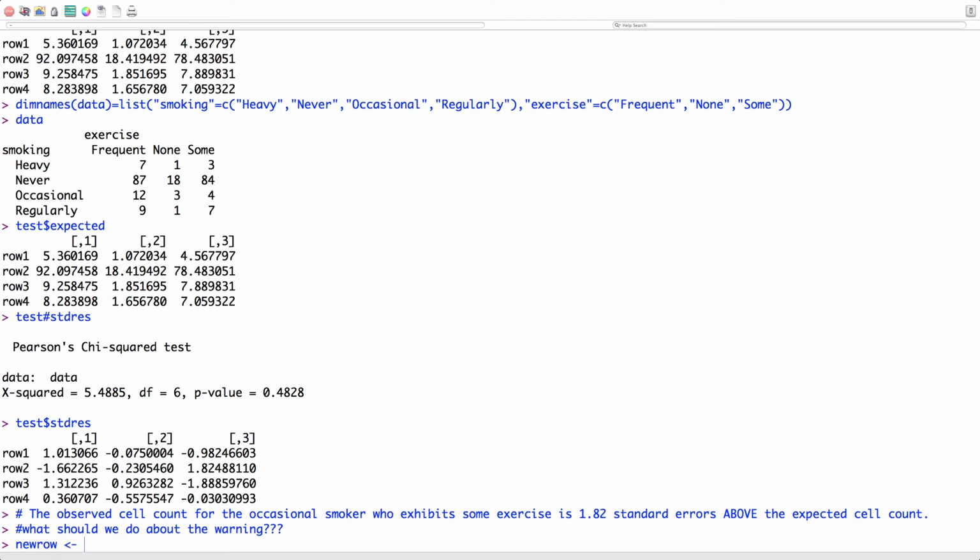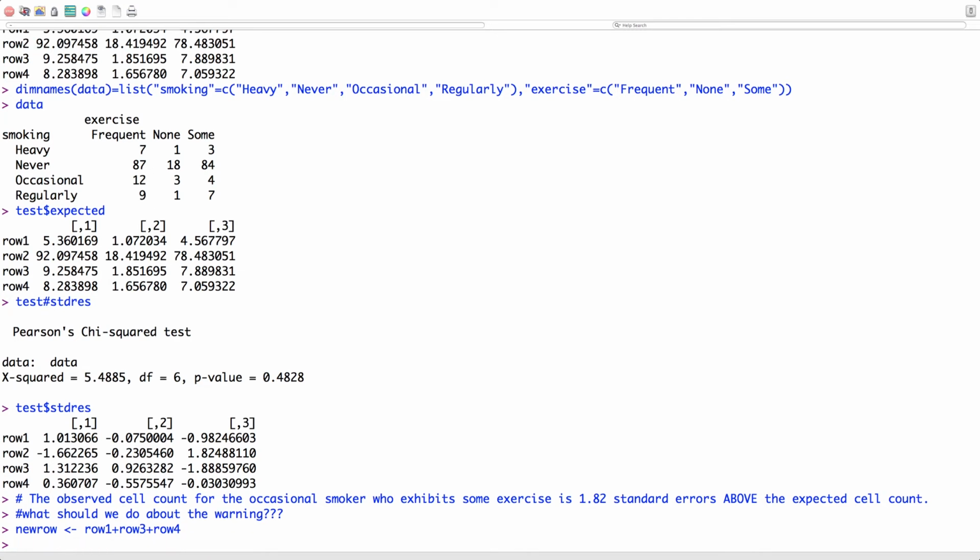and I would take row 1 plus row 3 plus row 4. So what I'm doing here is combining the rows of some level of smoking: heavy, occasional, and regularly. So I've got a new row. Now I'm going to create a new data.